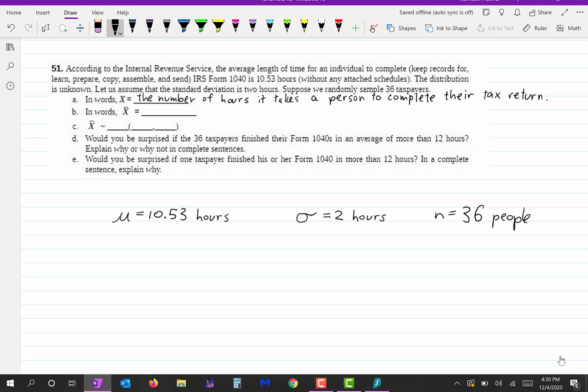Okay, now look at the next one. In words, x bar equals what? Okay, so listen carefully to the difference. X is the number of hours it takes a person to complete their tax return.